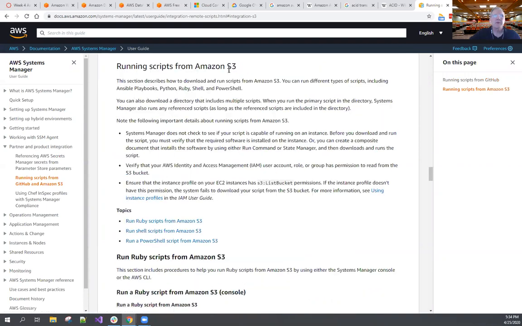You can run different types of scripts, including PowerShell, and there's Python. So these are all scripts that could be in your website there on the S3. Or maybe you're running on EC2 and the saved files are in the S3. That's a different architecture.